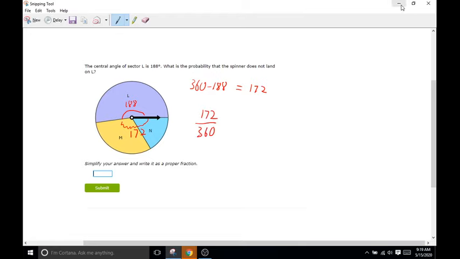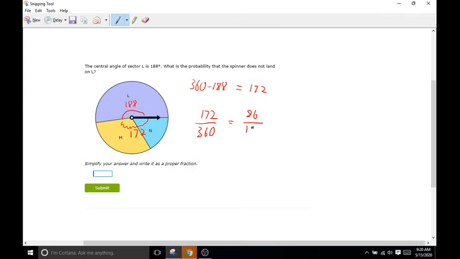Okay. So we'll go, and before we leave, we got to simplify it, right? So I'm going to divide both by 2. So I'm going to take half of 172. Half of 172 is going to be 86 over 360.